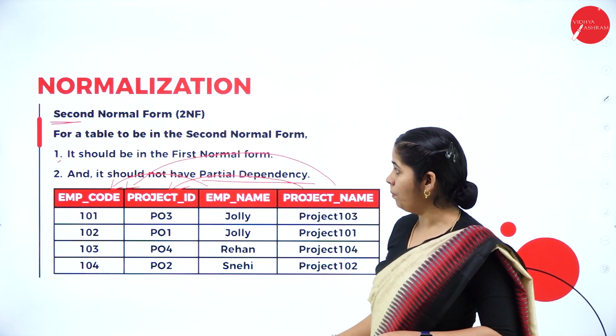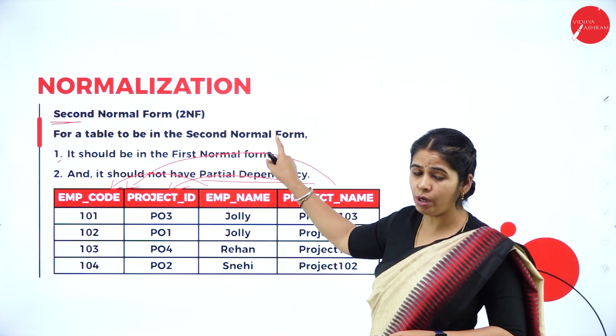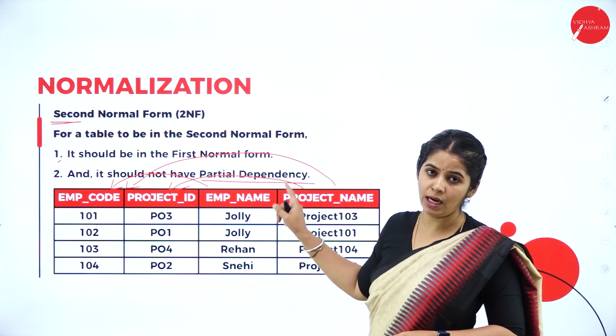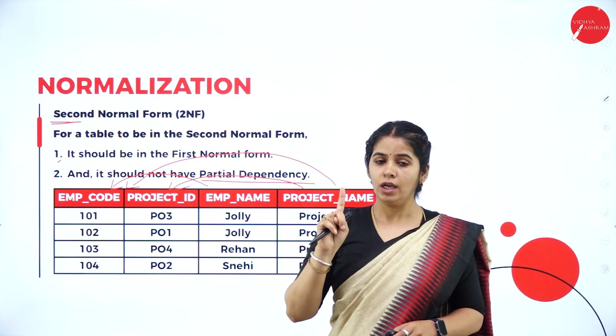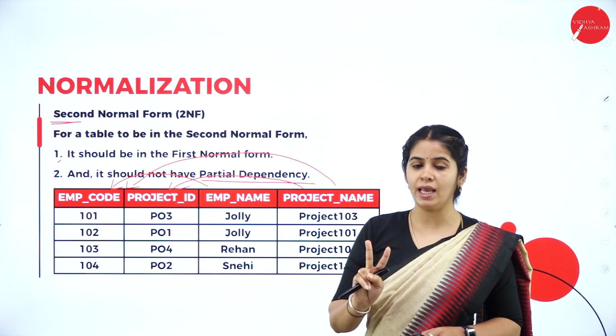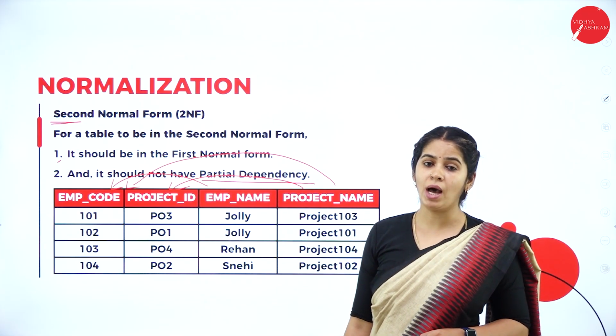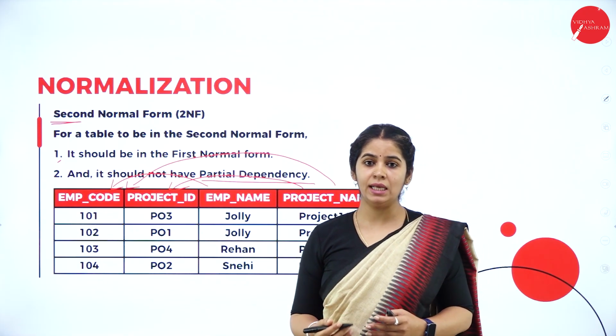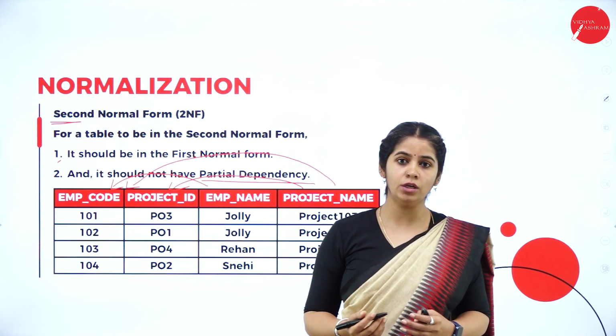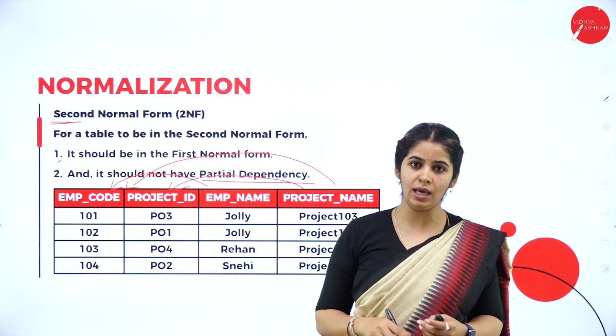When we can say the table or the relation is in second normal form, it has to satisfy two constraints. One is it should be in the first normal form. Second is there should not be any partial dependencies. When we can say there is a partial dependency, we have some condition to say the partial dependency exists.